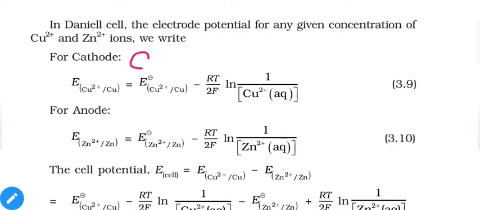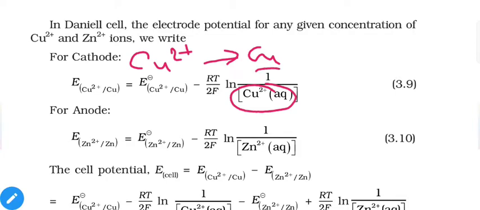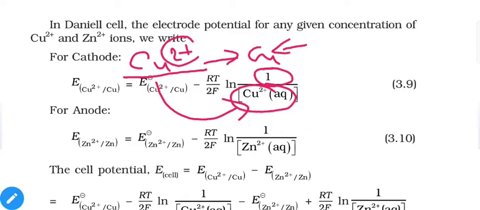So our cathodic reaction will be Cu2+ gives Cu metal by accepting 2 electrons. So the concentration of product will be metallic, so we can place directly 1, and the concentration of reactant, that means concentration of Cu2+. Now in this case we have 2 electrons transferred during the reaction, that means n value is equal to 2 as mentioned here. So this will be the Nernst equation for the copper half cell.